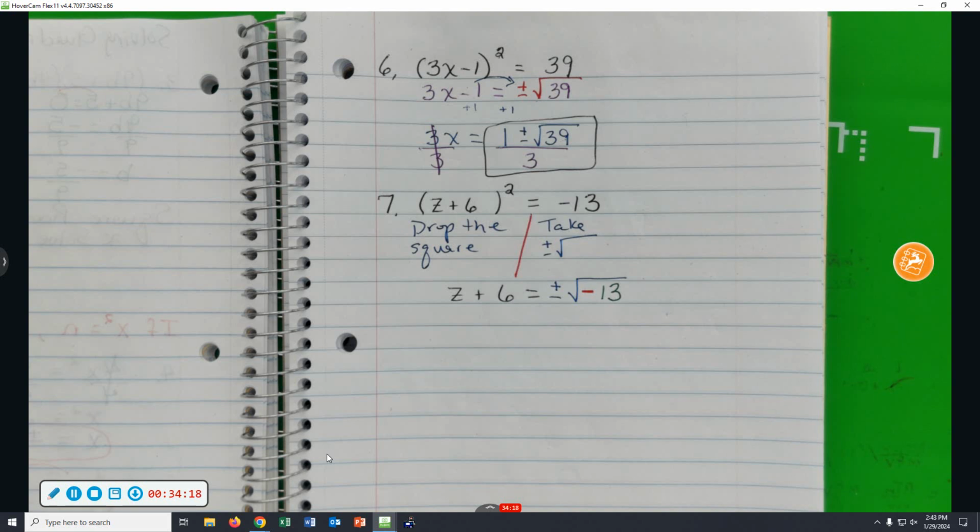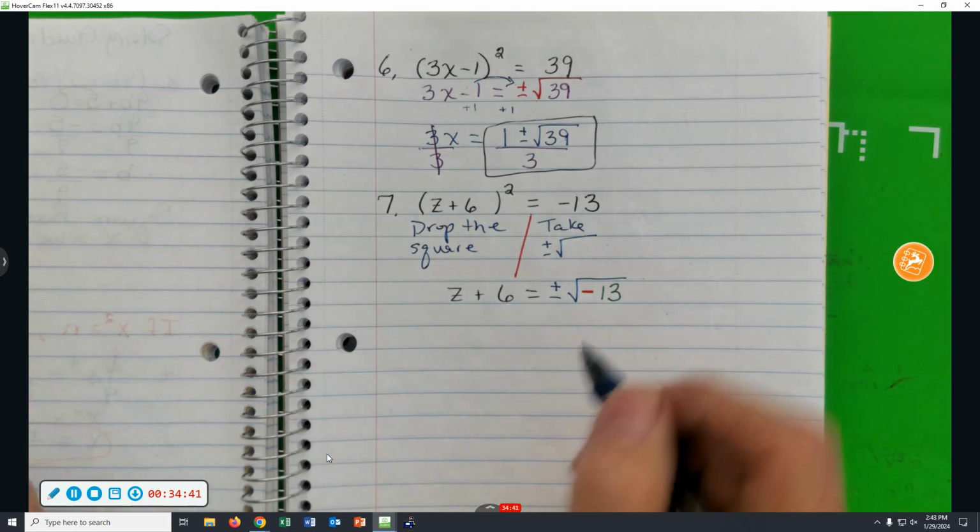Can I simplify the square root of negative 13? Well, 13's prime, so I'm not going to be able to simplify that. I'm going to have to leave it with the 13. But what about that red negative? Why did I put a red negative there? I'm about to write which red letter? I, right. The square root of a negative.